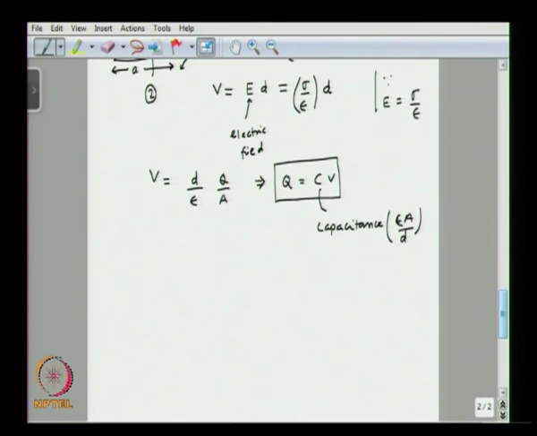So we can find the energy stored in the capacitor. Energy stored is going to be U equal to half Q square over C, which is half C V square.